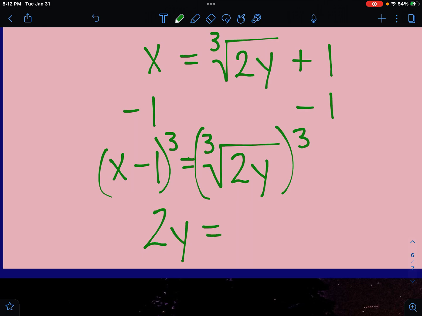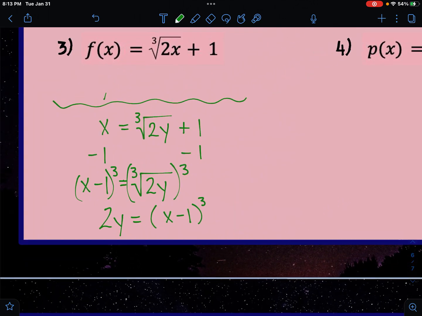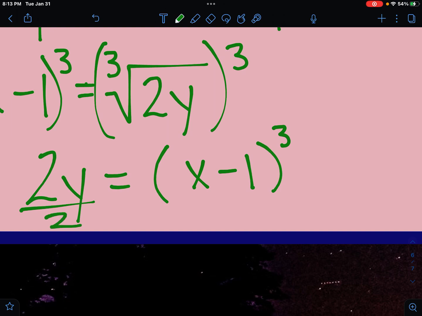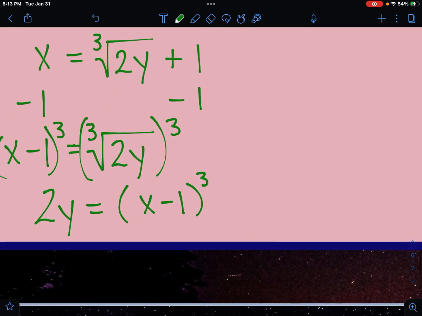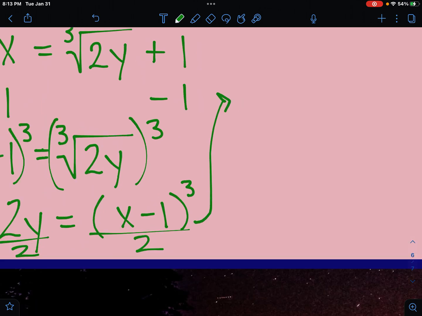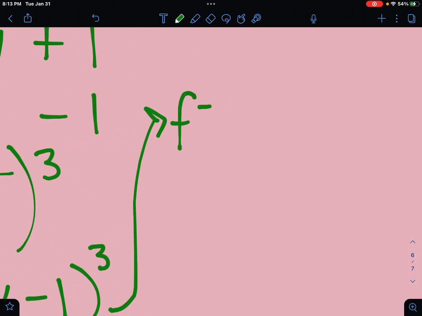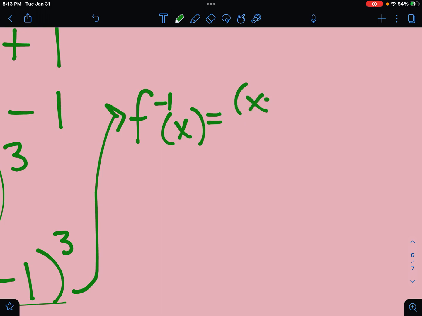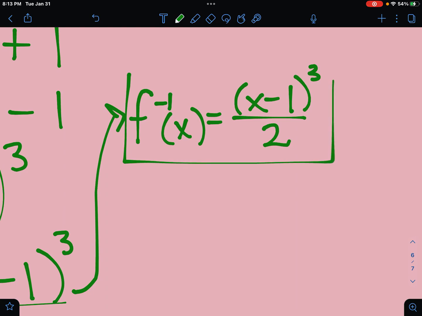I have 2y equals x minus 1 cubed. And then, let's just do it down here. Divide by 2. And then up here, we're going to write in our inverse notation: x minus 1 quantity cubed divided by 2.